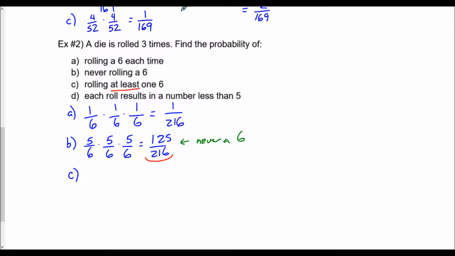Now the beautiful thing is 100% probability means it's going to happen. So if we know that if we have 216 rolls out of 216, that's 100%. If we subtract off the probability of never rolling a 6, it means that we'd actually have at least one 6.